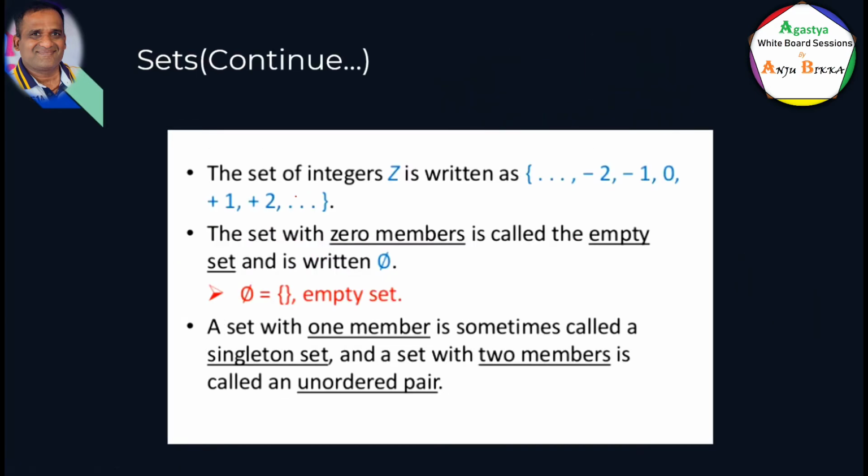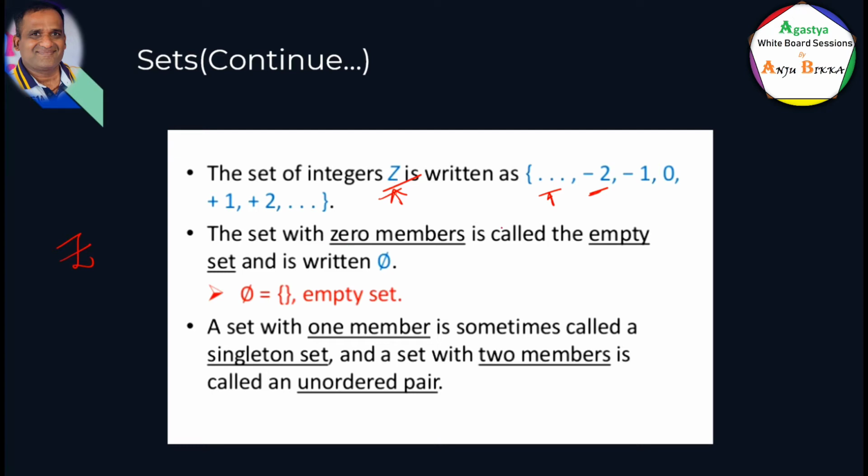Now, continuing with sets, for the set of integers the common notation we use is Z. The three dots mean many elements here, then -2, -1. This is the notation we follow.